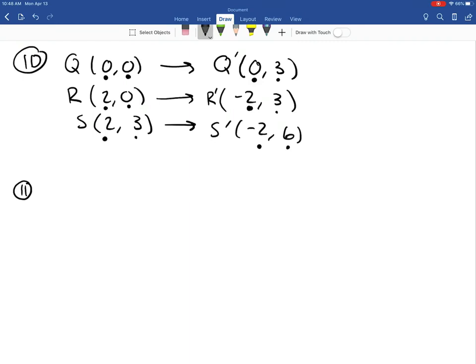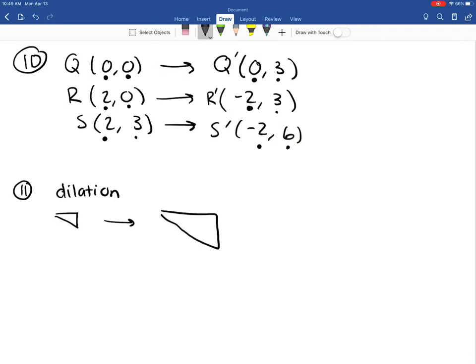So I know that I'm going to have some sort of dilation for sure, because it goes from something that's small to something that's bigger. So it does have an enlargement. That means I can eliminate option A and I can eliminate option D, because neither of those have dilation.